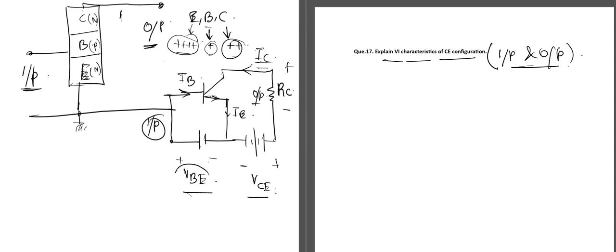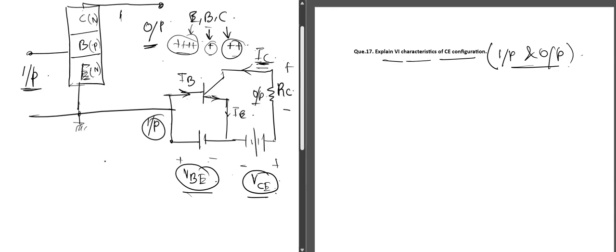So this is the voltage between base and emitter, and this is the voltage between collector and emitter. The output current here, which is IC, is taken across the emitter and collector terminal as well.